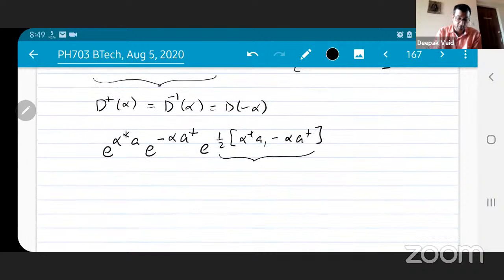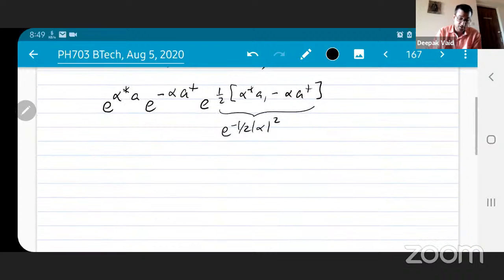And so this becomes exponent minus 1/2 alpha star. I'm just going around in circles now. So I'll just write this as minus 1/2 alpha star, alpha star a, exponent minus alpha a dagger.